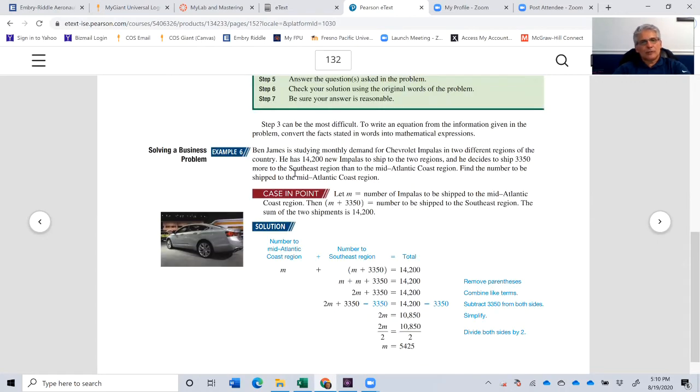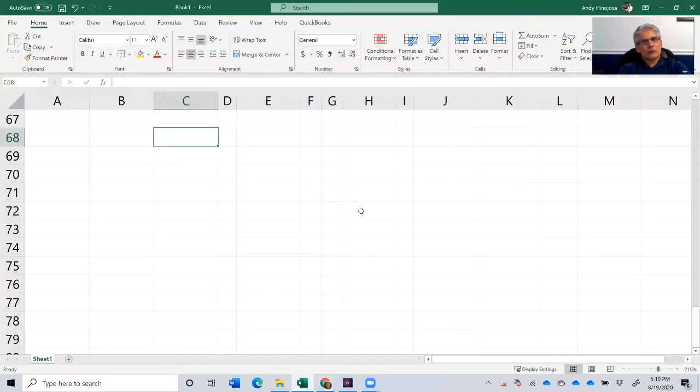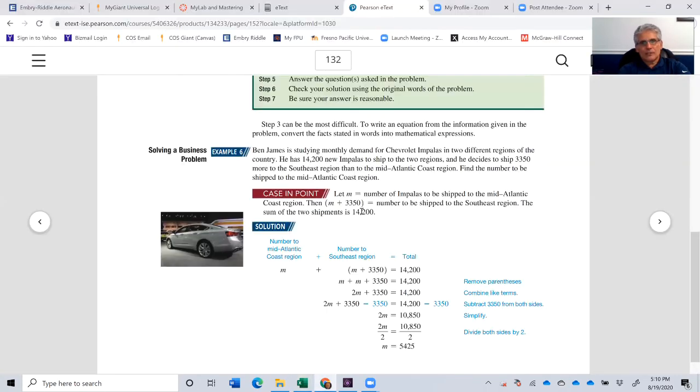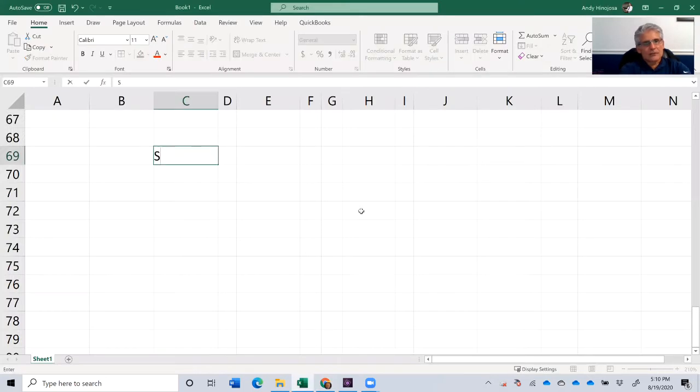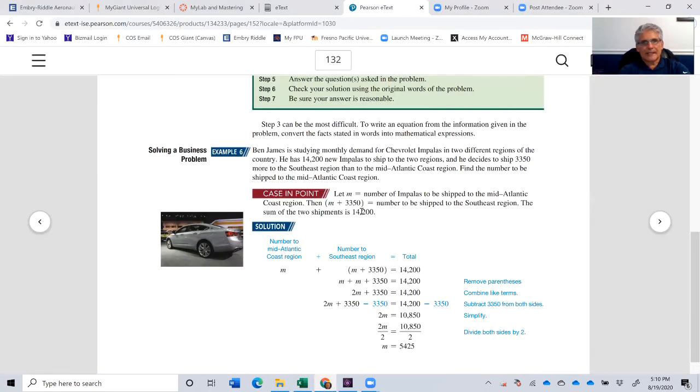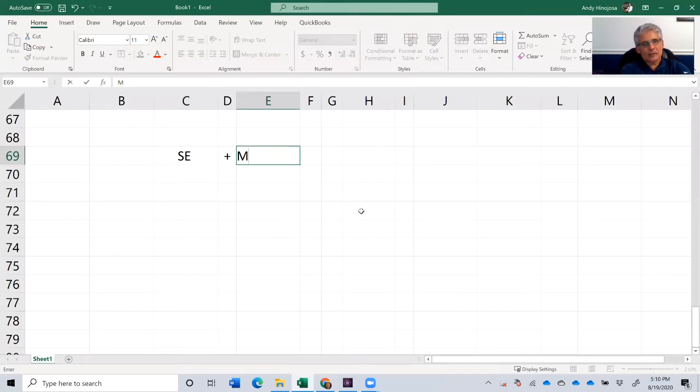Let's take a look at what we know. He has 14,200 new Impalas to ship to 2 regions. So what do we know? The 2 region names we have are the Southeast region, plus the other one, the Mid-Atlantic Coast. So let's just call that Mid-Atlantic.